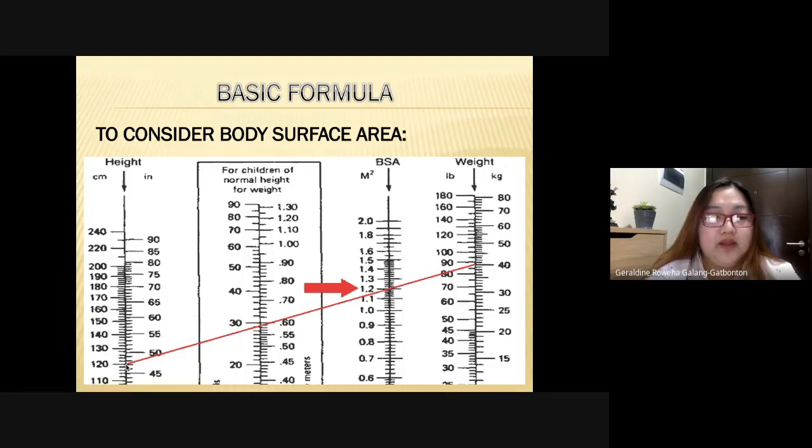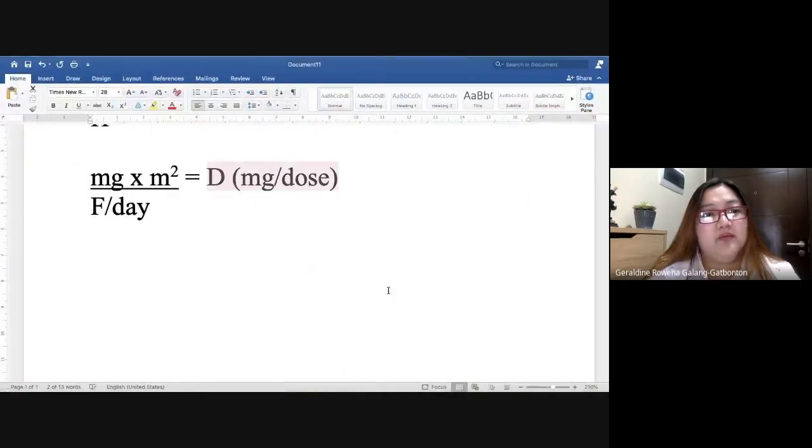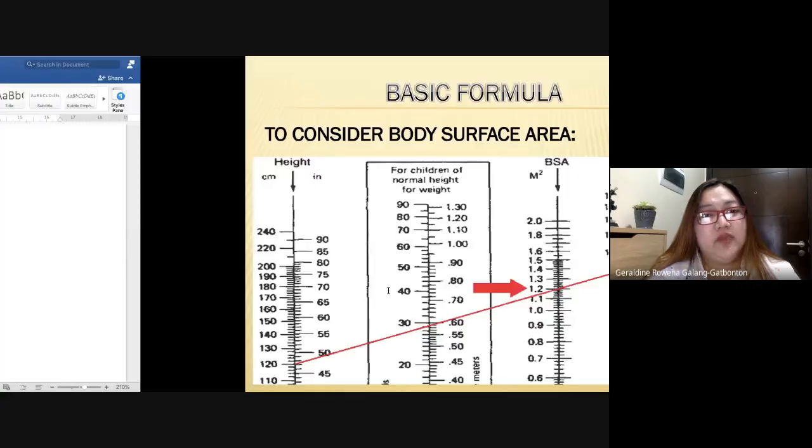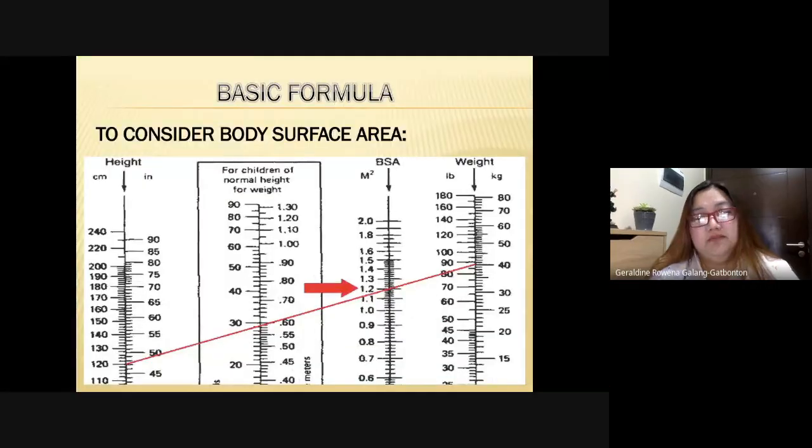So, yung dalawang yon, connect the dots on a straight line and then look from where it intersects in the BSA. So, saan siya nag-intersect? 1.2 meters squared. Okay, so what is our m squared now? Your m squared is 1.2 meters squared.